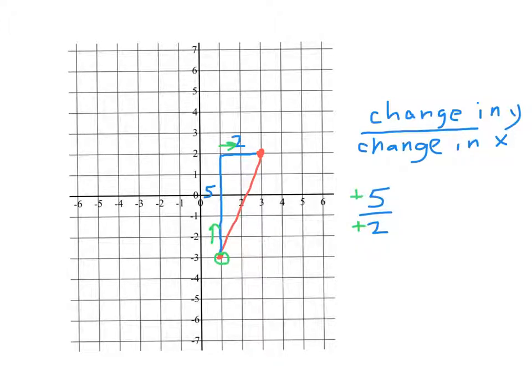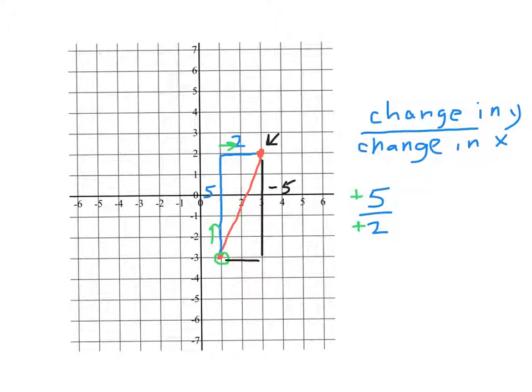But when you go through and you find the slope, it doesn't matter what point you start with along that line and which point you go to. For instance, let's say I wanted to start with the top point. If I start at the top point and I want to go to the bottom one, in this case, I'm going to go down 5. So my change in y is a negative 5.